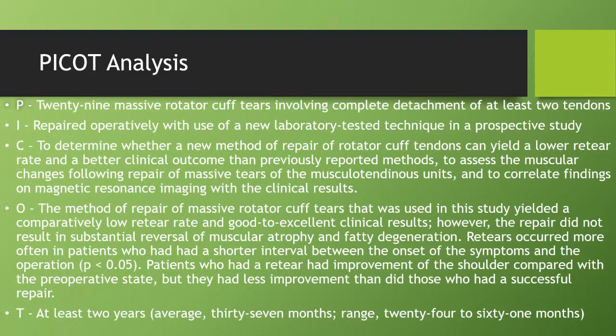Retears occurred more often in patients who had a shorter interval between the onset of the symptoms and the operation. Patients who had a retear had improvement of the shoulder compared with the preoperative state, but they had less improvement than did those who had a successful repair.